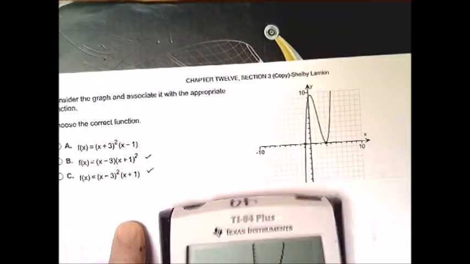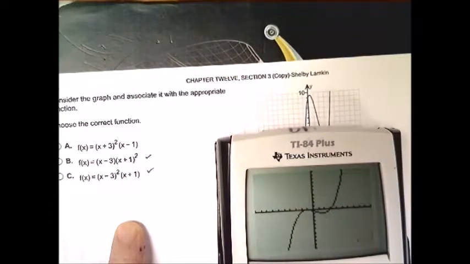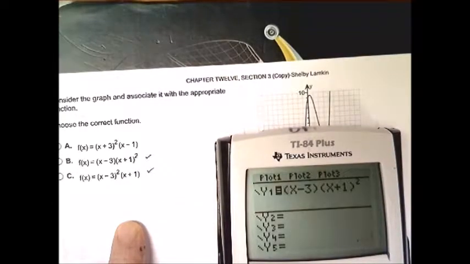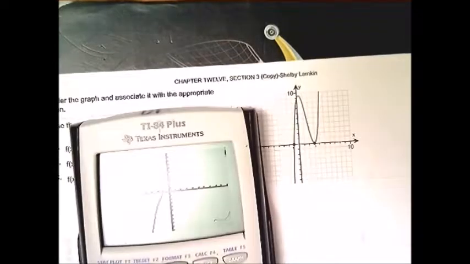Okay, that's not it. That's not it. So I'm going to go back in and switch that up. x minus 3 squared times x plus 1. Okay, that one's more like it. I've got my Zoom 6.